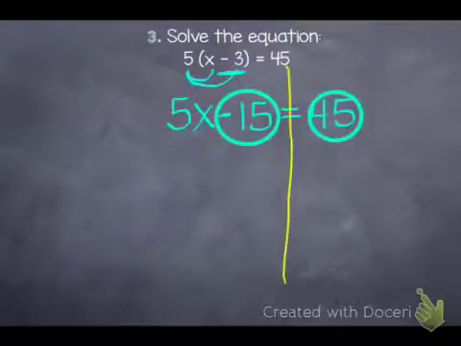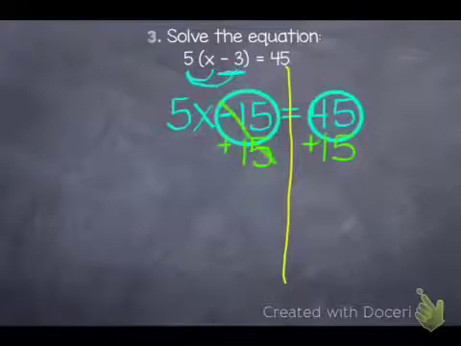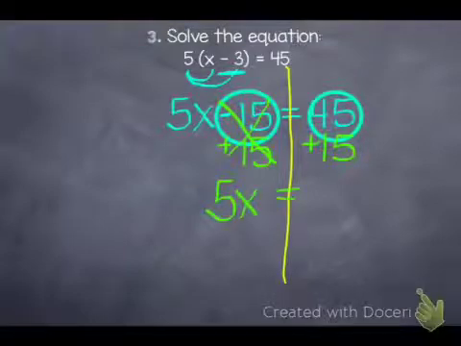If it helps, here's our equal sign. So I want to move this negative 15 to the other side, and the way I do that is by adding the inverse. So the opposite is plus 15. So that cancels out. I'm left with 5x equals 45 plus 15, which is 60.